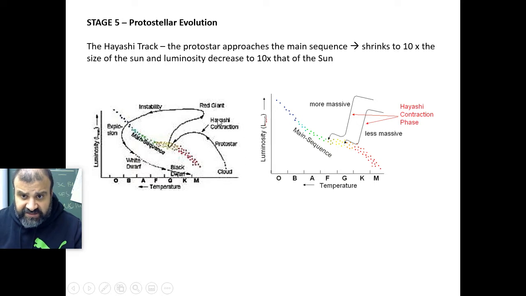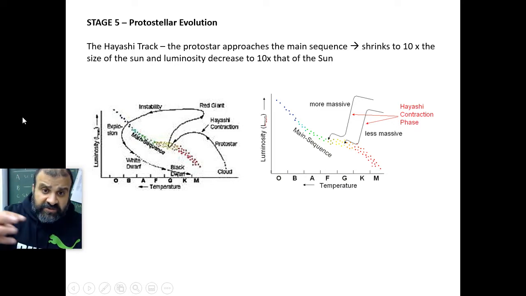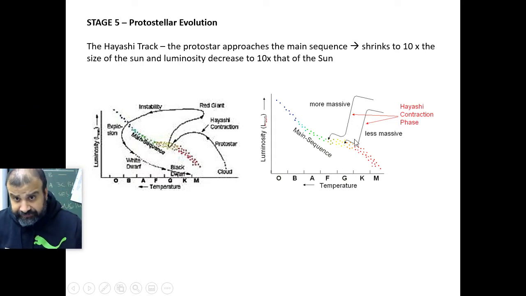So in the Hayashi track, right, here's our protostar. These would be our T Tauri stars. This is them going to the main sequence. Right, the protostar approaches main sequence, shrinks to 10 times the size of the sun, and its luminosity decreases to 10 times that of the sun. So the protostar is moving down to become a main sequence star. Eventually, if it's a sun-sized star, it'll be just exactly like our sun.